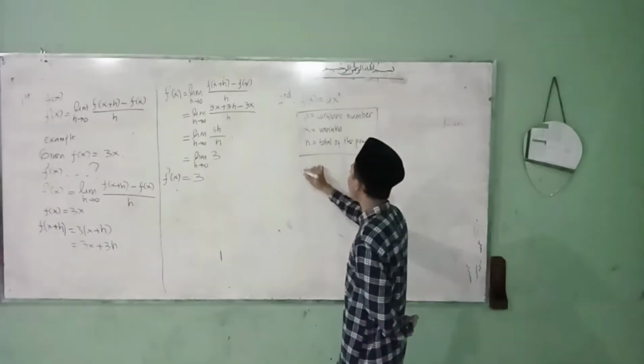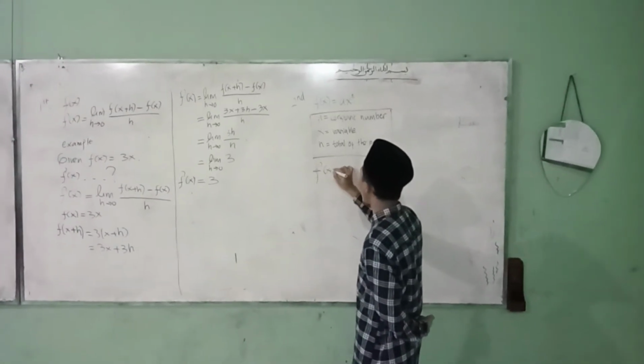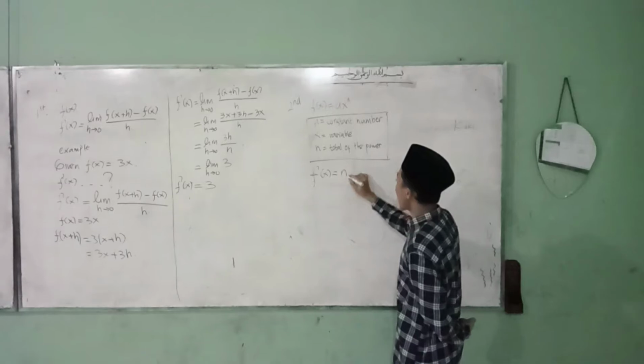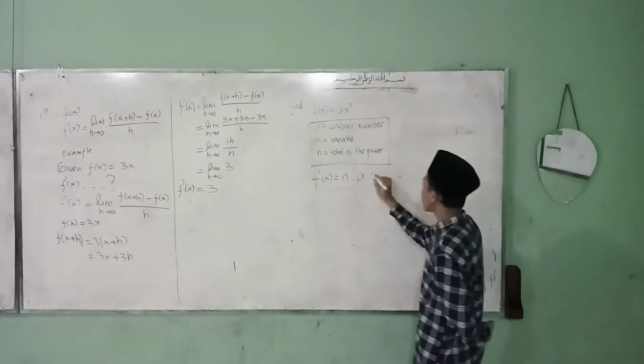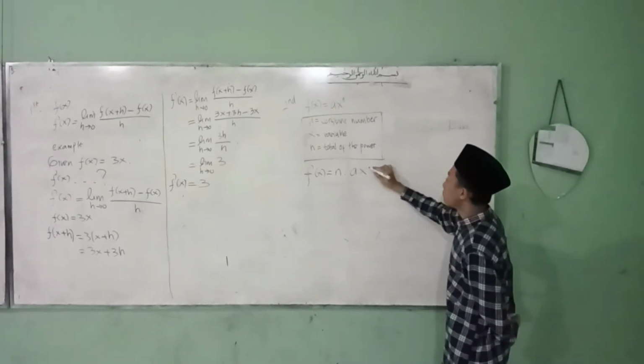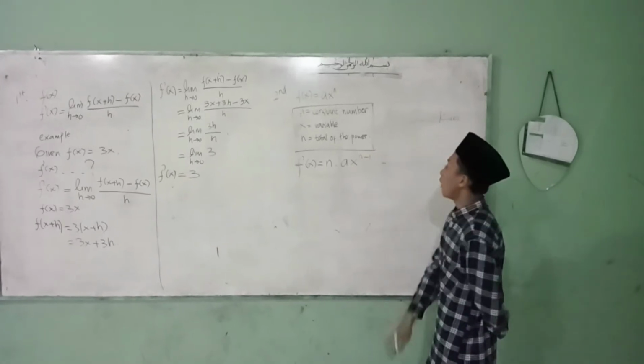And then the derivative function f prime of x is equal to n times a x to the power of n minus 1.